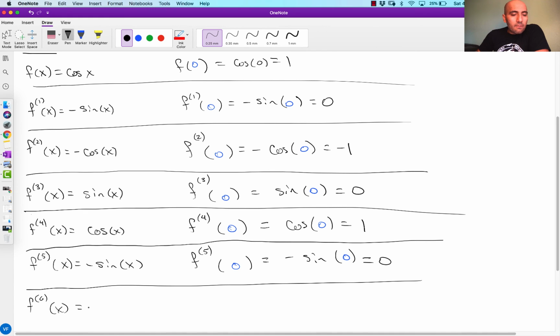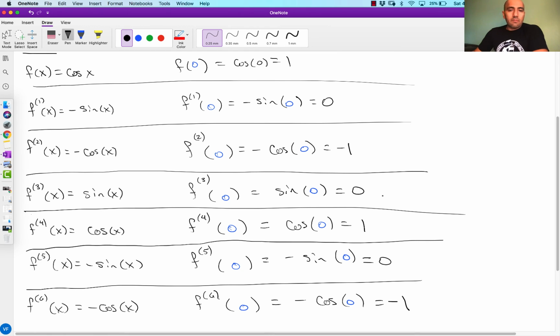That's going to become minus cosine of x. And so the sixth one, f of 6 evaluated at 0, is going to be equal to negative cosine of something. And evaluated at 0, cosine of 0 is 1, so we'll go back to negative 1.